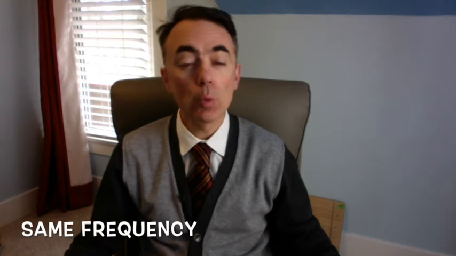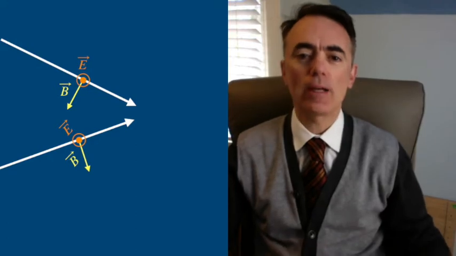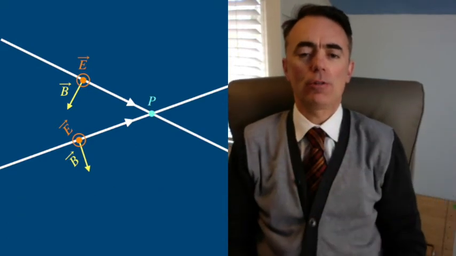Here we need to consider not just the oscillation and direction of propagation, but also the relative polarization of the waves. For the sake of simplicity, we will start with the case where the electric fields of two waves have the same frequency, and both waves oscillate in the same direction, although they might be propagating in different directions.